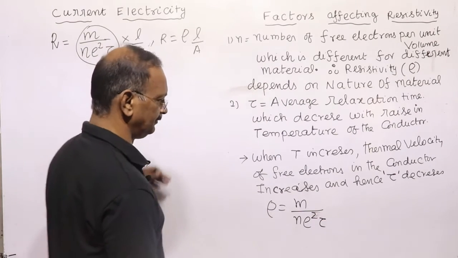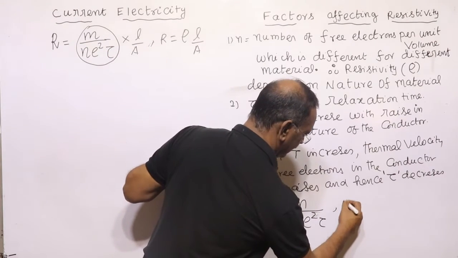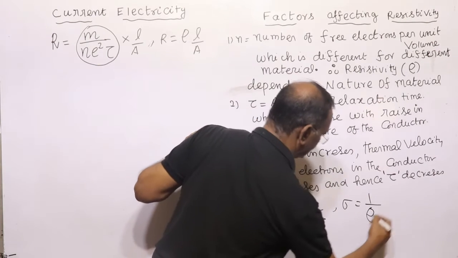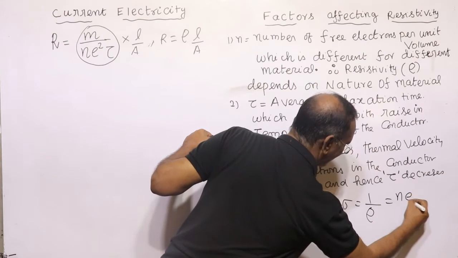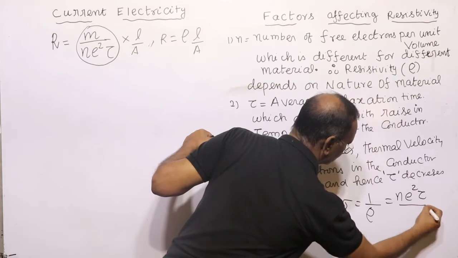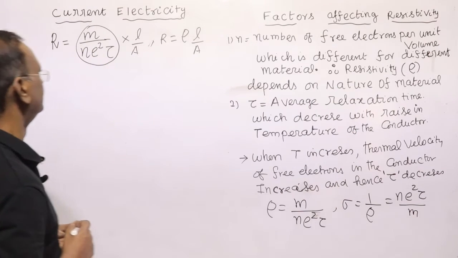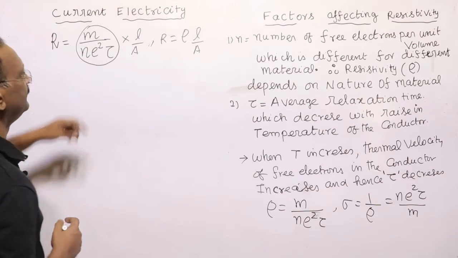And conductivity, what is conductivity? Conductivity is equal to the inverse of resistivity, which is n e square tau by m. This is the resistivity and this is the conductivity.